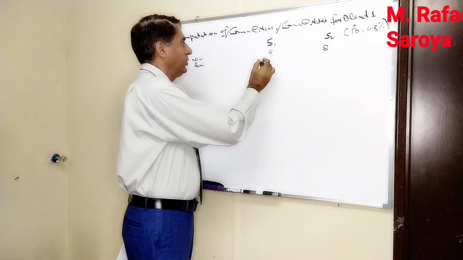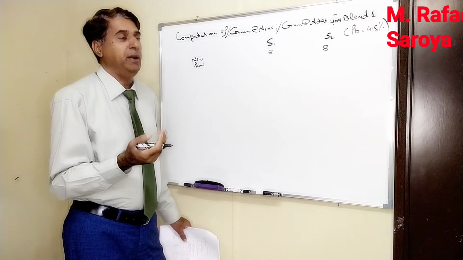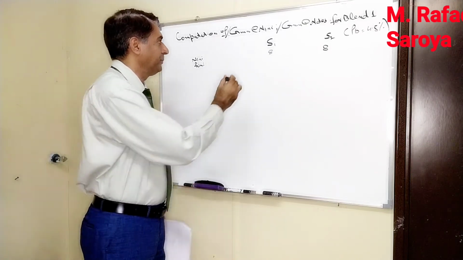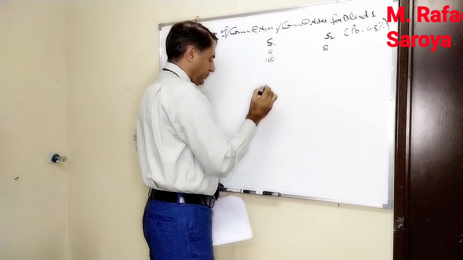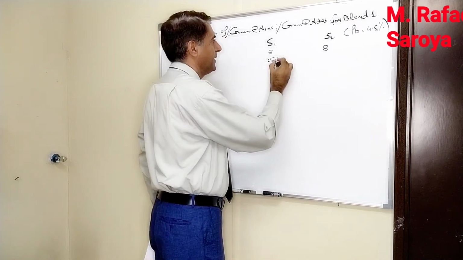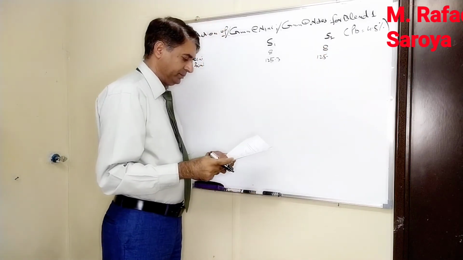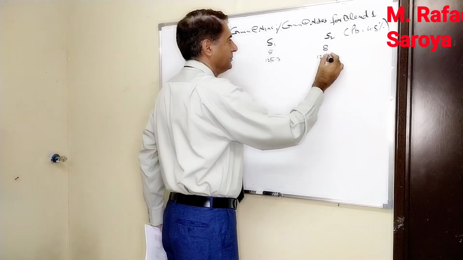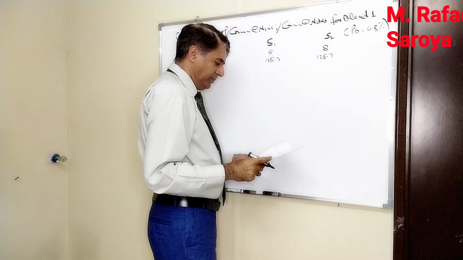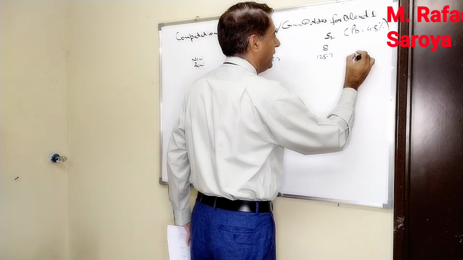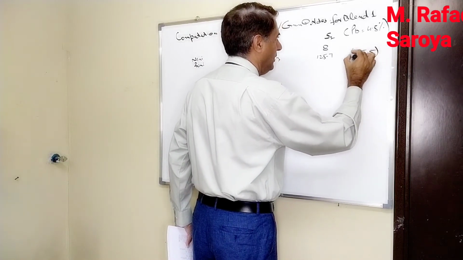This I would like to write down over here, which I have already collected from my gyratory compaction procedure: 125.3 and 125.7. If I add these values, the average comes out to be 125.5. This is the average of these two.